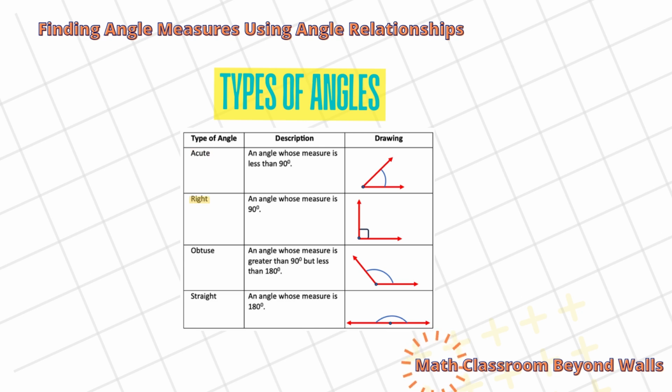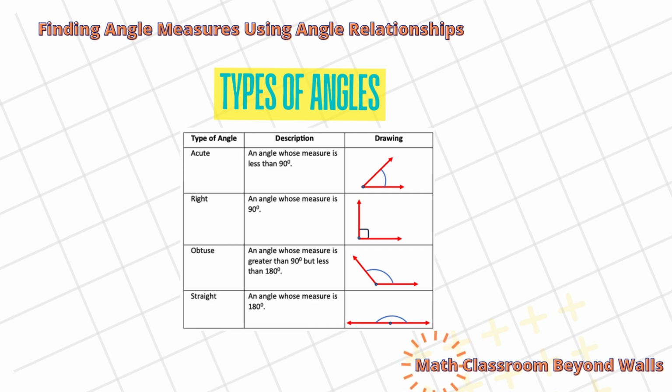Right angle, an angle whose measure is 90 degrees. Obtuse angle, an angle whose measure is greater than 90 degrees but less than 180 degrees. Straight angle, an angle whose measure is 180 degrees. The corresponding drawings are presented here as well.